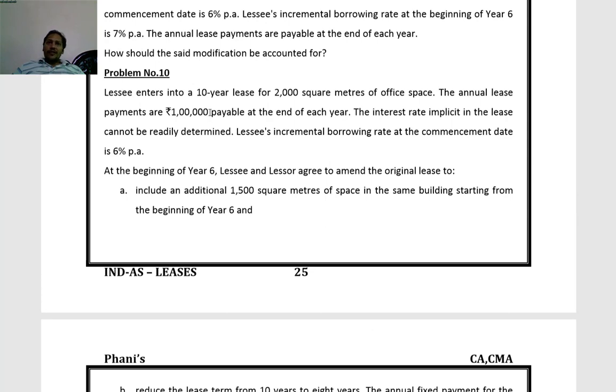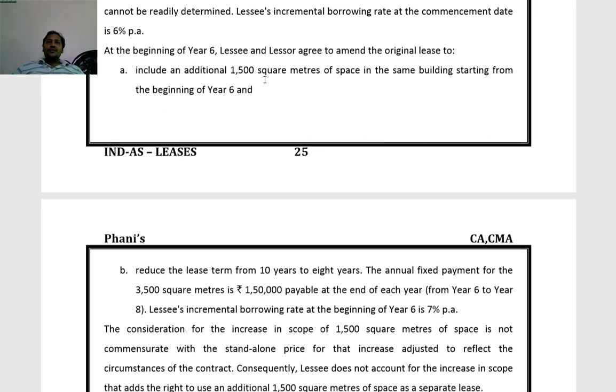So 10 years is the original lease term. Now we are reducing it to 8 years. So 5 years completed, out of the remaining 5 years we are reducing to 3 years. So the second category is, if decrease in scope of lease is there, we will do a proportionate decrease in lease liability and ROU asset.